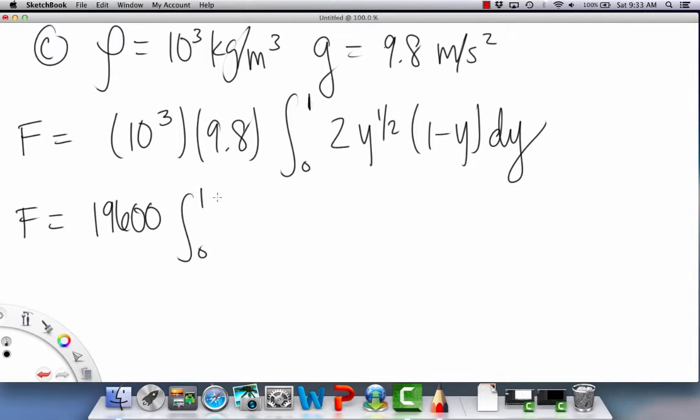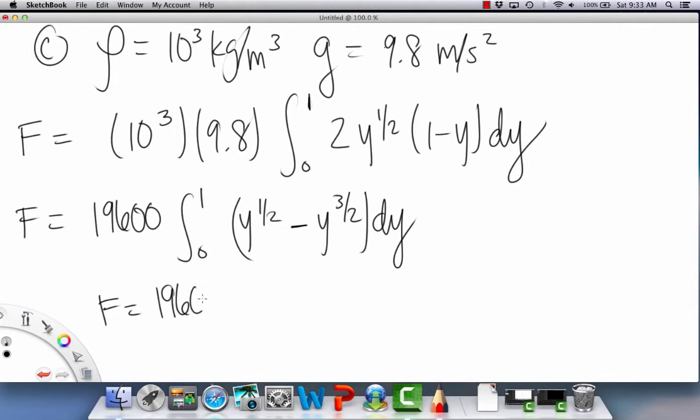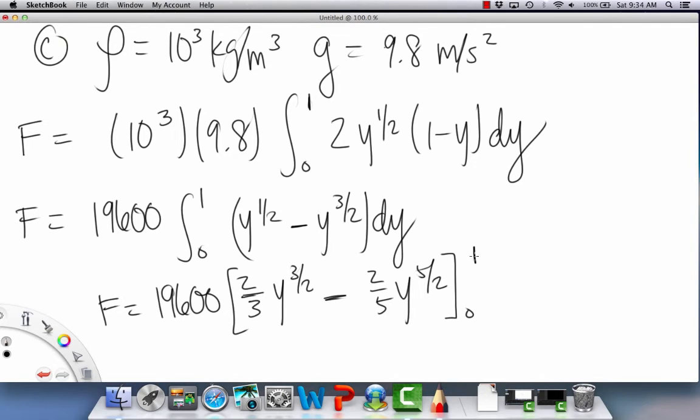And then from 0 to 1, if we distribute here, we get y to the 1/2 minus y to the 3/2 and dy. Okay? So this is going to be 19,600, and then we have y to the 3/2 with a 2/3 in front to cancel out, and then minus y to the 5/2 with 2/5 in front, evaluated from 0 to 1. Okay? So then I'll go on to the next slide to show the rest of the math.